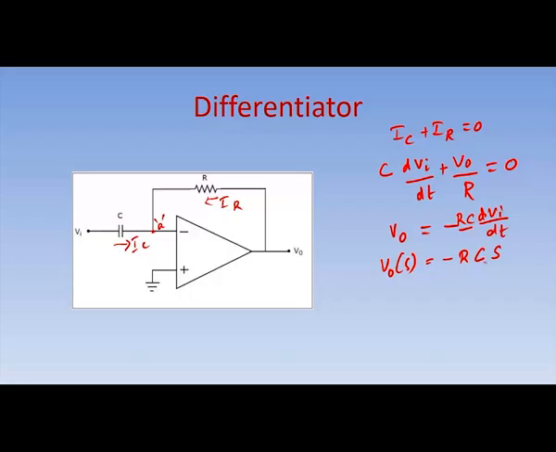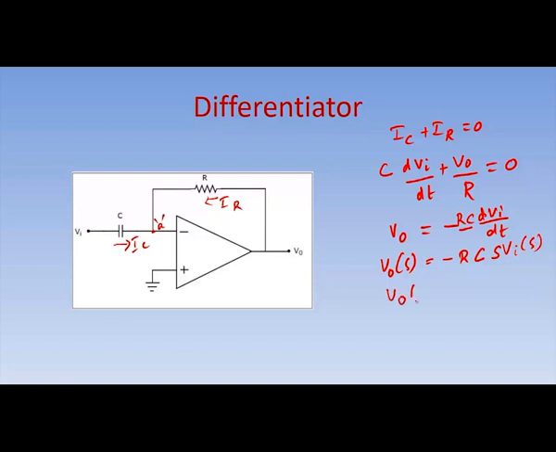So, you have to include an S for each and every capacitor in the circuit, and the derivative part is replaced by Vi of S in the S domain.